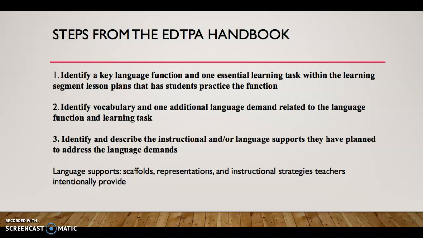And then some language supports include scaffolds, representations, and instructional strategies that I, as the teacher, will intentionally provide the student. Now, it's important here to know that not all learning tasks focus on both discourse and syntax. You have to use the most relevant language understanding to the learning task.